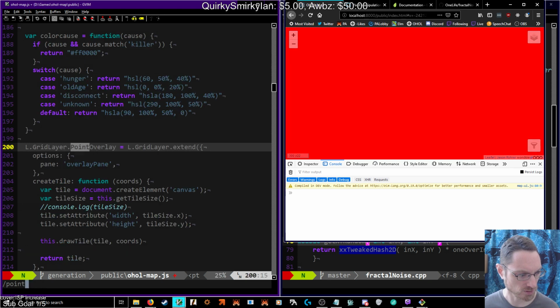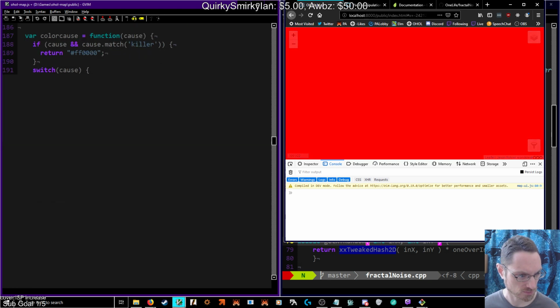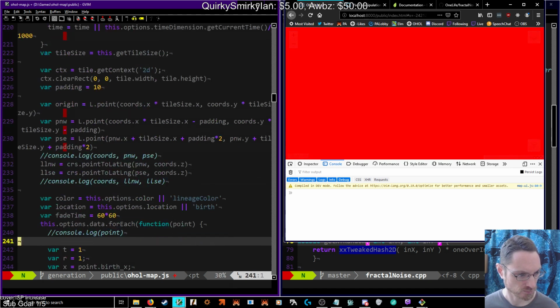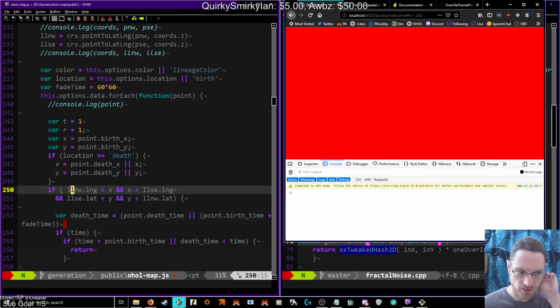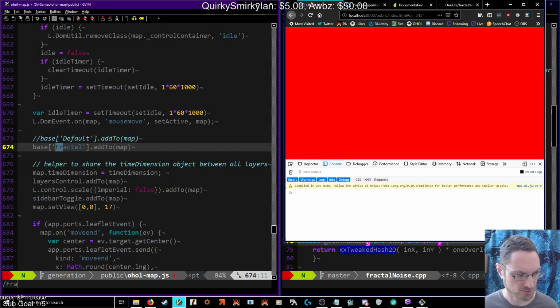Point overlay. Yep, lat long dot long and lat.